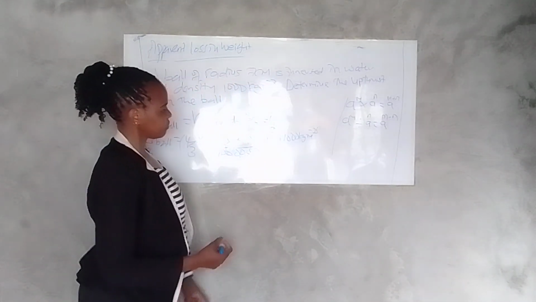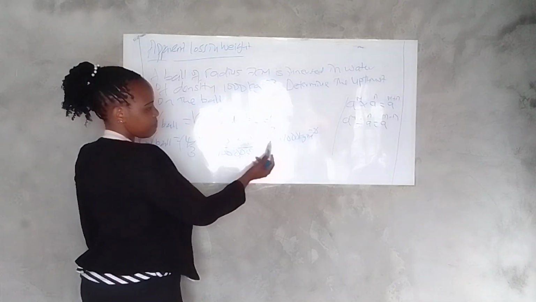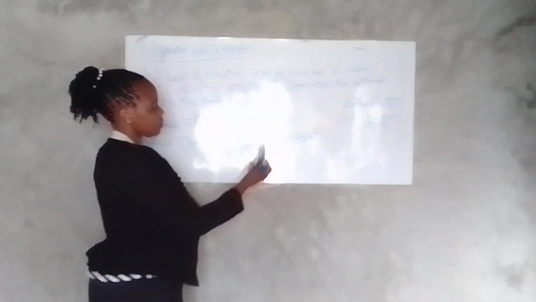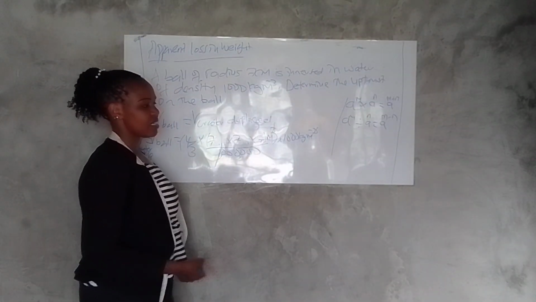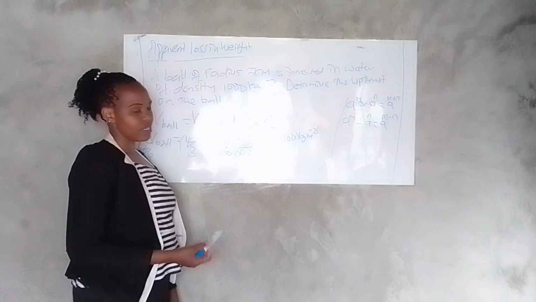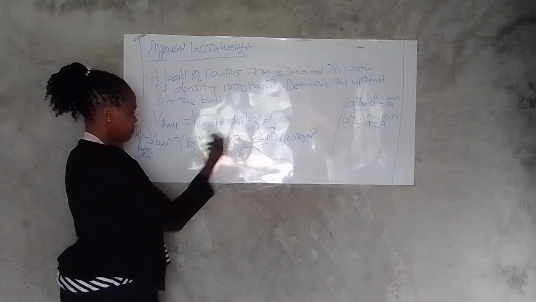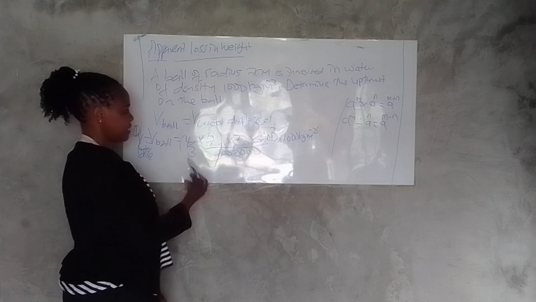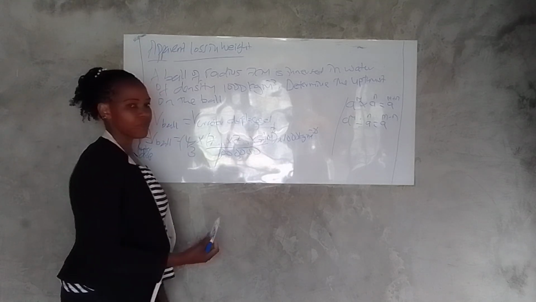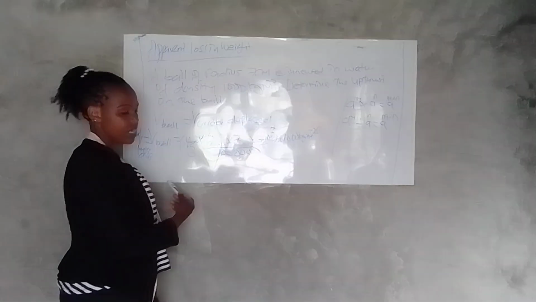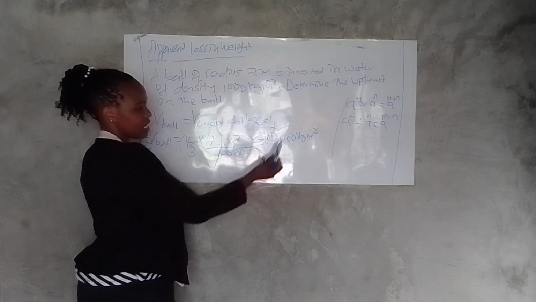Here, the base is the same, meter, so 3 minus 3 is 0. Any number raised to power 0 is 1. So this gives me the mass: density times volume gives me mass in kilograms.